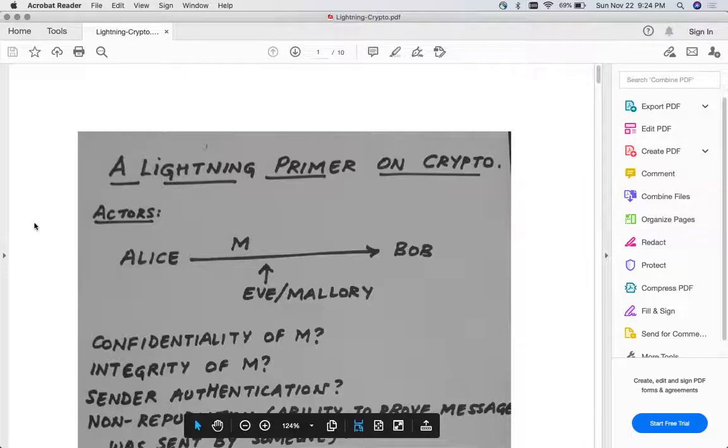And that's all network protocols, which is part of this course. So, let's do a very quick lightning primer on cryptography. As I said, those of you that are familiar with the basics of symmetric key cryptography, public key cryptography, as well as how RSA works, can feel free to skip this portion of the lecture.